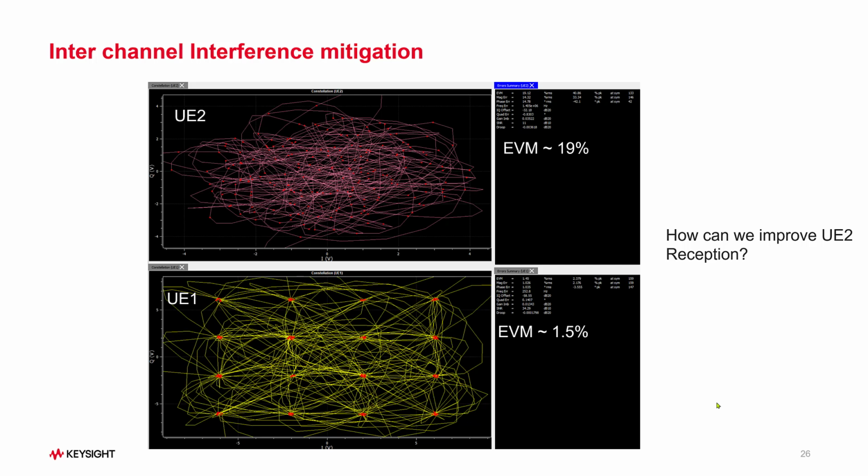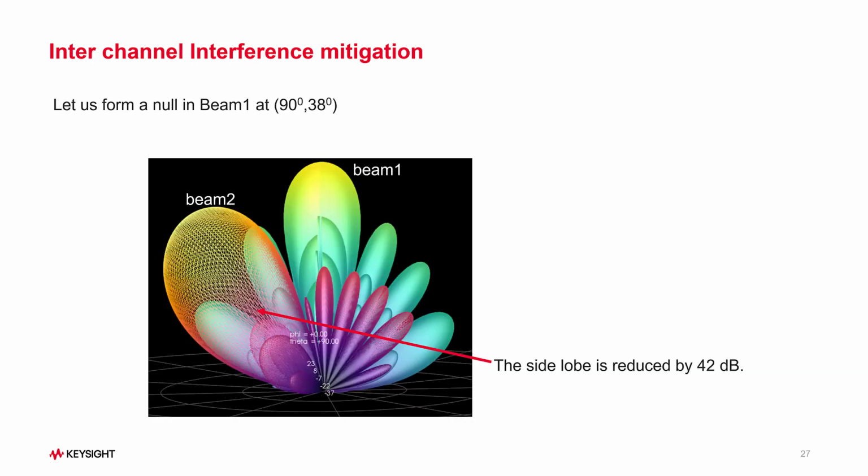User 1 is fairly okay. It is receiving good signal. We can process it. We can recover the information. So if we put a null in the direction of the beam 2, now you see the null is gone.